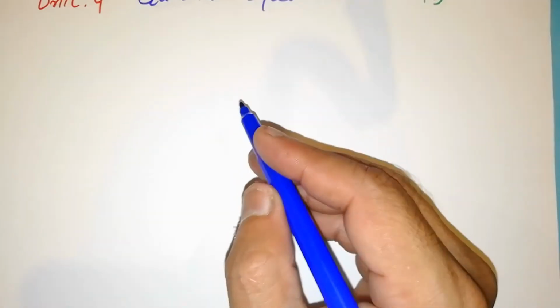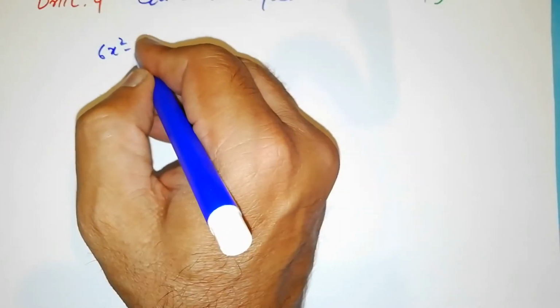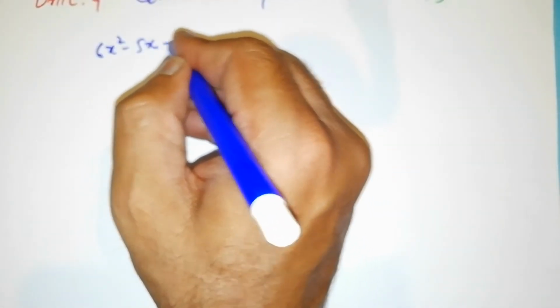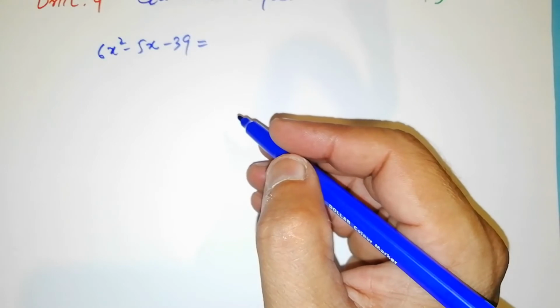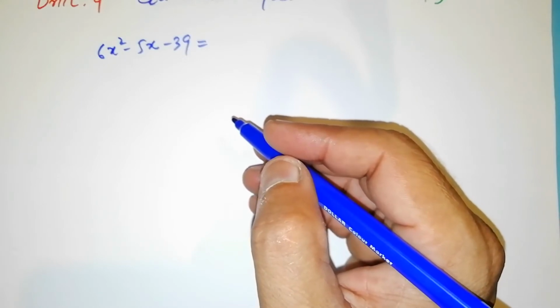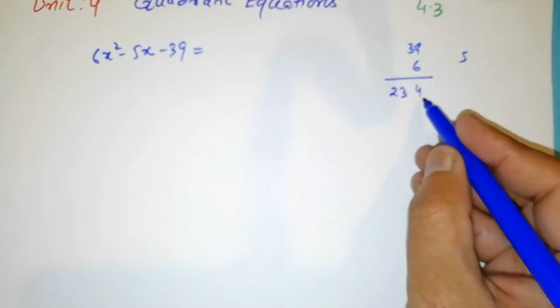Third factor, this is 6x square minus 5x minus 39. सो अब आपने इसकी भी फैक्टराइजेशन करनी है। 39 को मल्टीप्लाई कर दें 6 के साथ। So we have 234.